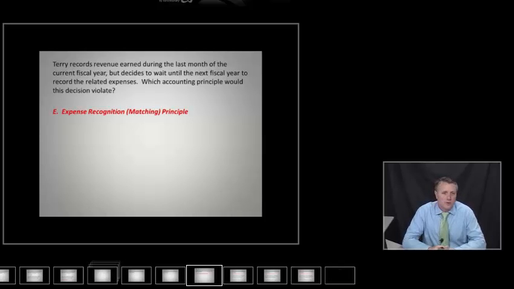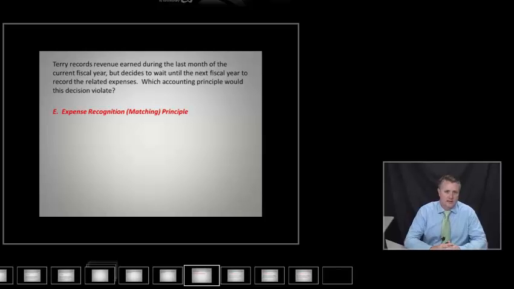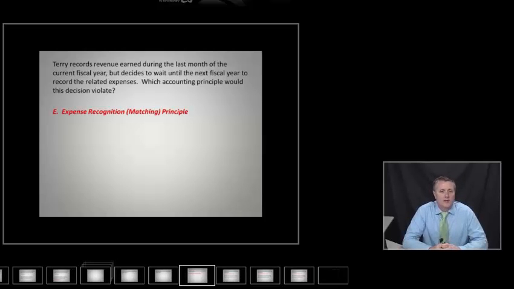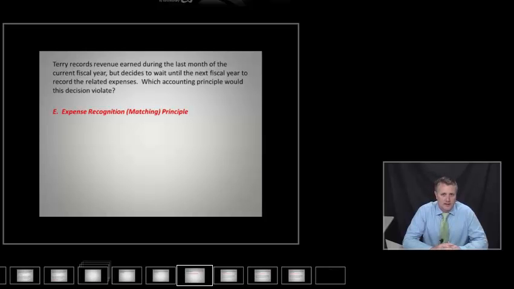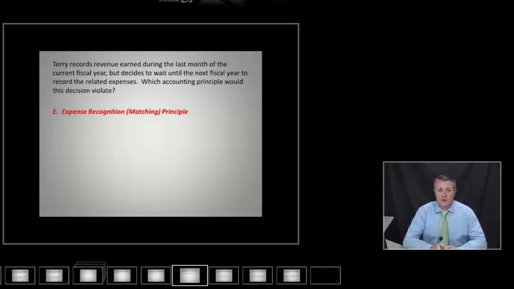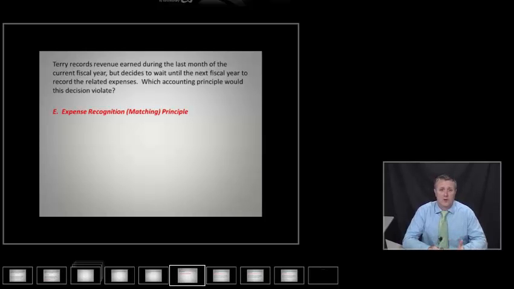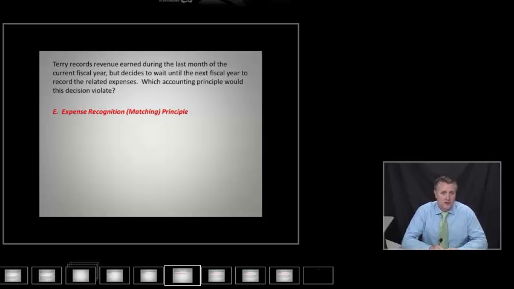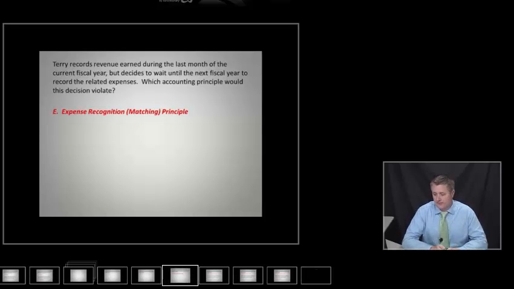If you're going to recognize revenue from a transaction, you also need to recognize and report all of the expenses associated with that transaction, and that needs to be done in the same accounting period in which the revenue is recognized. Another way of thinking about this is you need to match your expenses to whatever revenue gets reported.